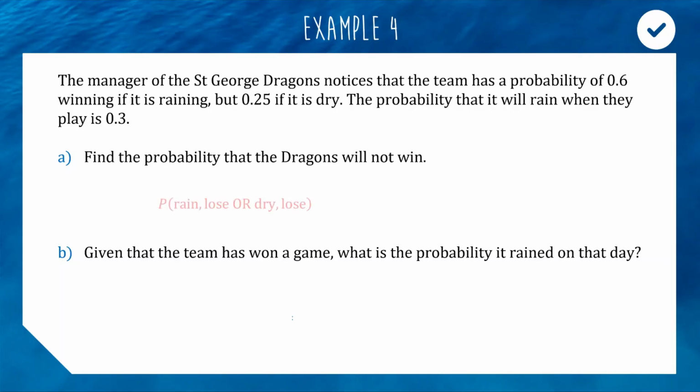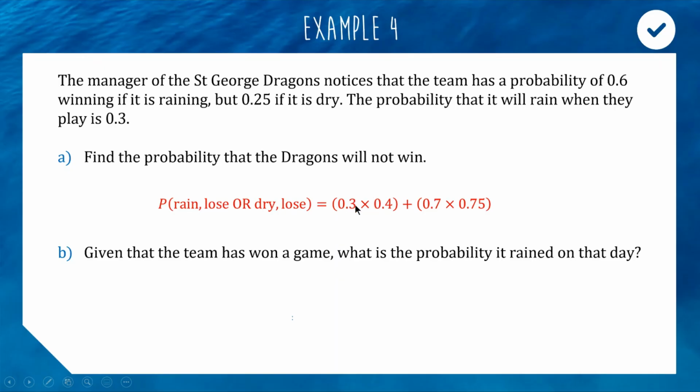So we're going to find the probability of it raining and then them losing, or it could be dry and then they lose, which means we've got to multiply these, and then add them together. So hopefully you're getting the hang of this. We've done it many, many times now. All right, so probability of rain is 0.3, and then they have a 0.6 chance of winning when it's raining, which means they've got a 0.4 chance of losing when it's raining.